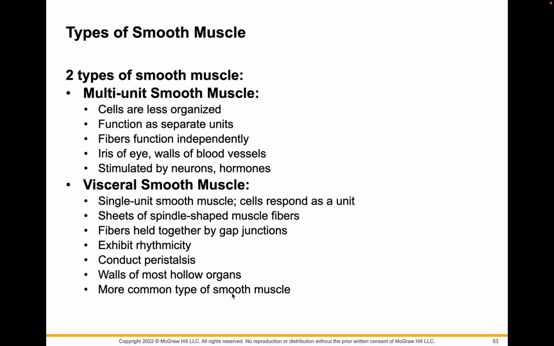And they are the most common type of smooth muscle, so you want to star these. They conduct peristalsis, they exhibit rhythmicity, they're all kind of working together, and they're held together by gap junctions so that they can work as one large unit.